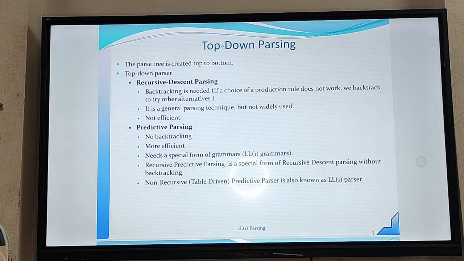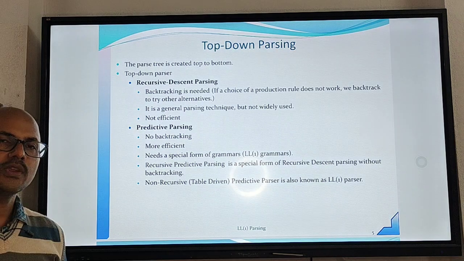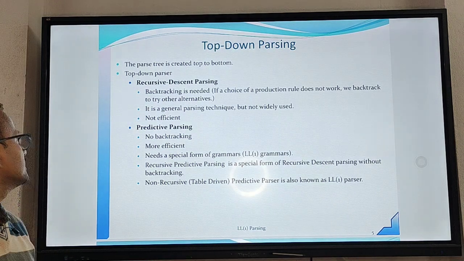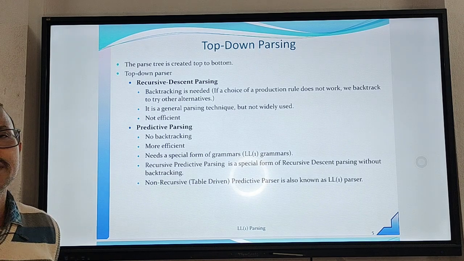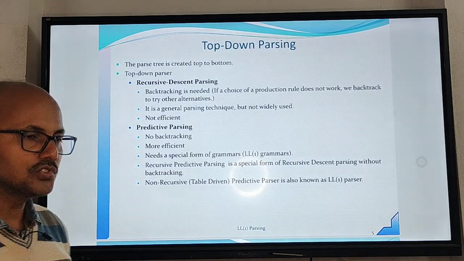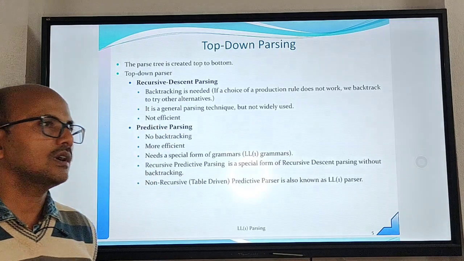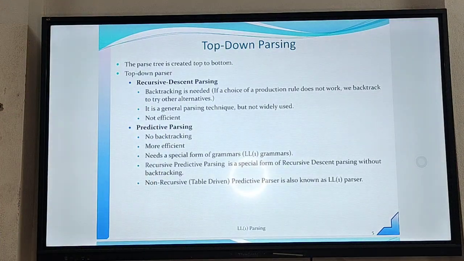We keep going like this, choosing production rules, and ultimately generate the input string. As it uses backtracking, it is not an efficient technique; it is time consuming and also consumes the resources of your system.